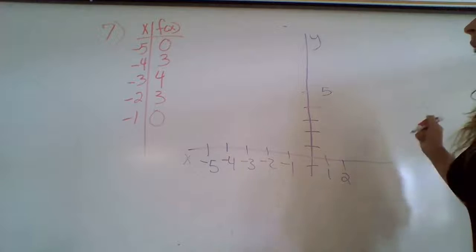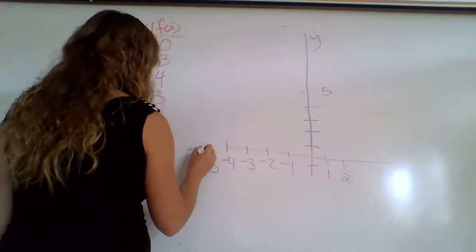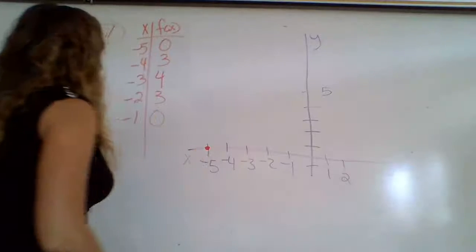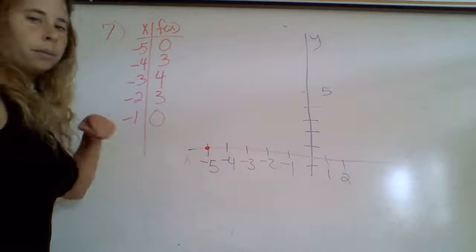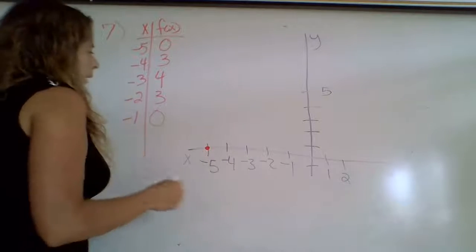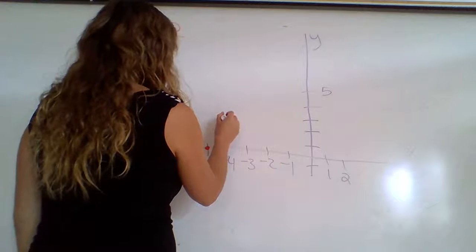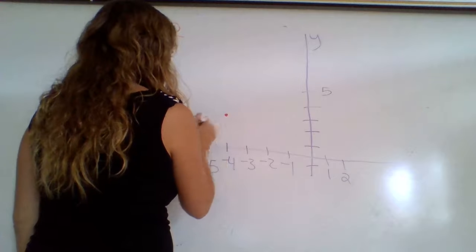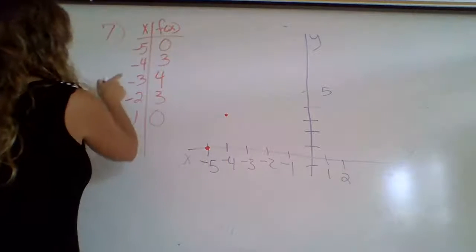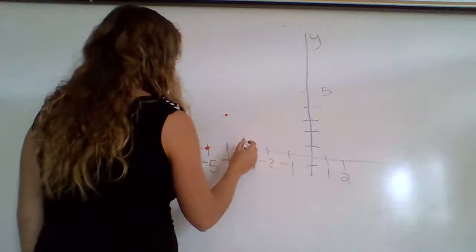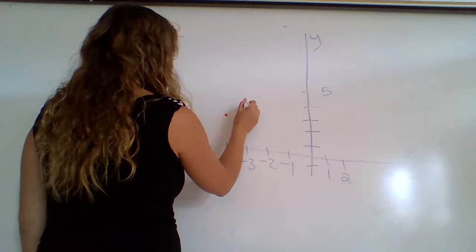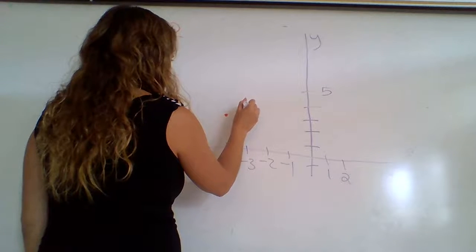So -5, 0. When x is -5, y is 0. -4, 3. 1, 2, 3. Mine won't be perfect because I'm not using graph paper. -3, 4. 1, 2, 3. Yeah, sure, like right there.